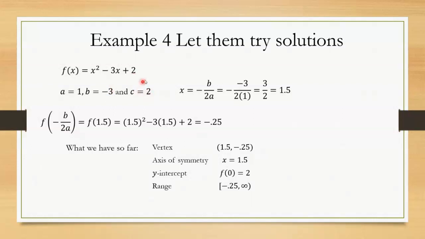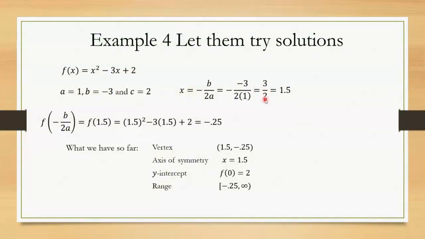Okay, so let's get the vertex. What would the x coordinate be? Well, again, it's -b over 2a, which in this case is -(-3) over 2 times 1. a is 1, b is -3.